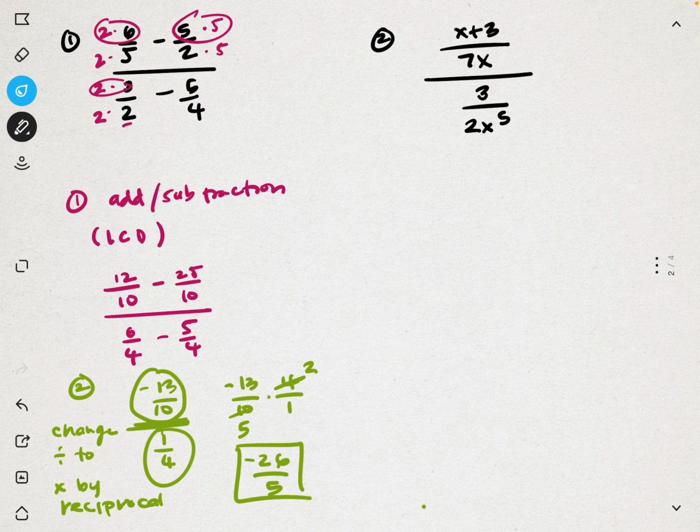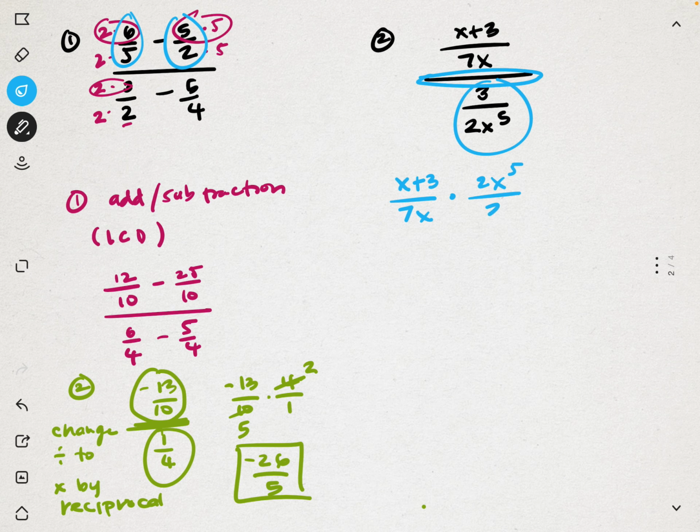Okay, example number 2. This one we don't have to add and subtract. We don't have two things like we had over here. So we can just jump into step 2, where we can do x plus 3 over 7x. We're going to replace this division with a multiplication by the reciprocal of the denominator. So 2x to the 5th over 3.